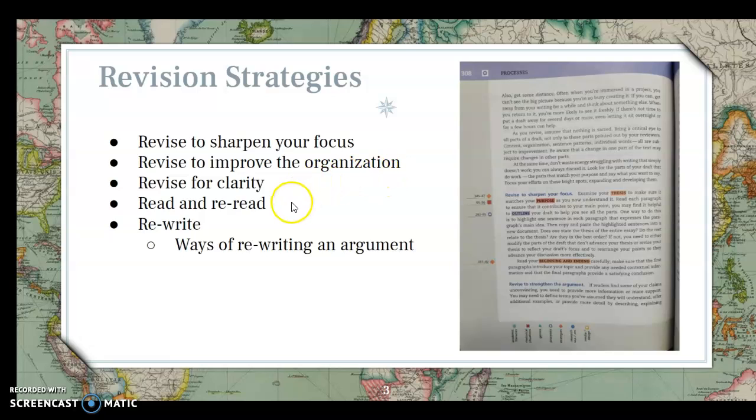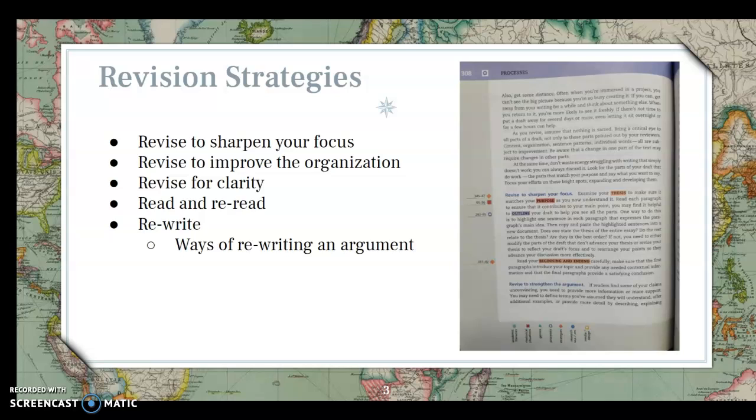Okay. The next part that Bullock mentions is to read and reread and reread. So yes, you may step away from your essay and take a mental break from it, but then come back and reread it and be critical about it. Don't think that it's the best thing you can write. Every essay could be improved, even if it's really close to 100% or just excellent.